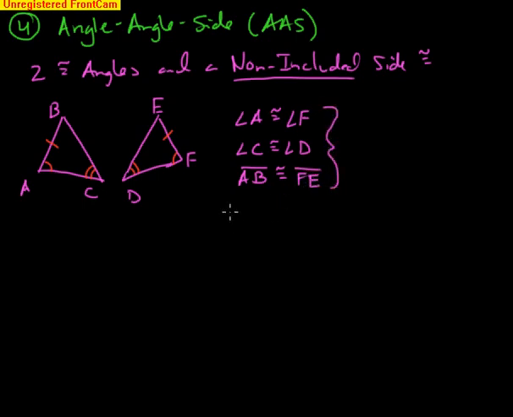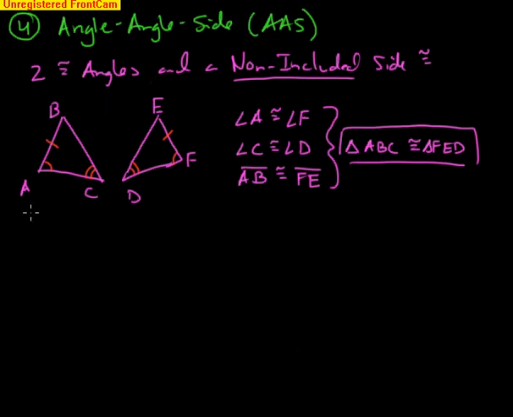Knowing those three pieces of information, I can use angle-angle-side congruence to say that the triangles are congruent. Triangle ABC is congruent to triangle FED. And there we go. So here are the four ways to prove triangles congruent.